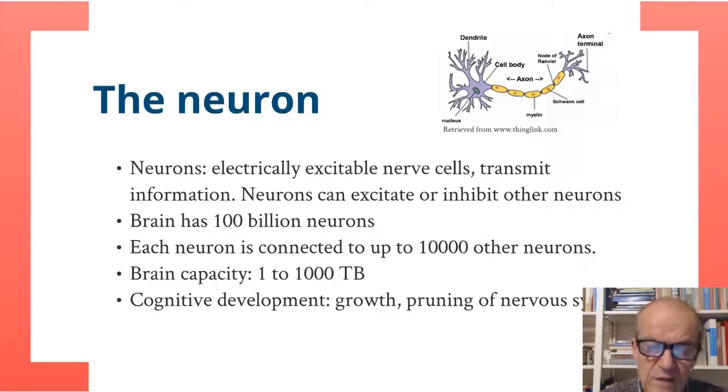Cognitive development is a matter of growing of the brain, of the human nervous system, so developing new neurons and structures, but also of pruning. That means that some connections are also ended in order to make the human nervous system particularly fit for the purposes it has to serve.